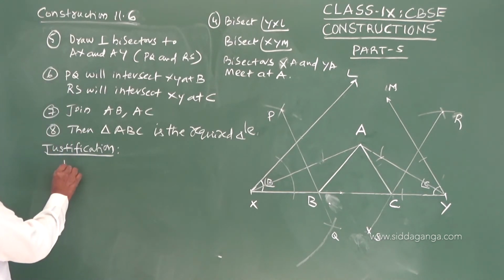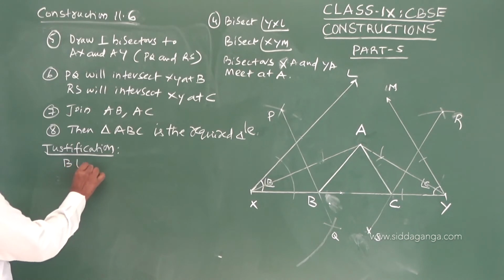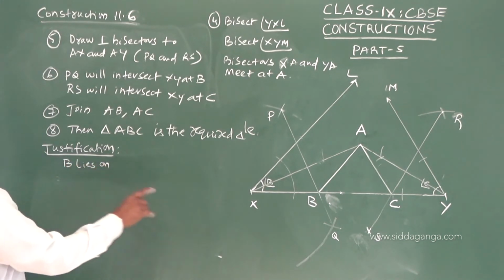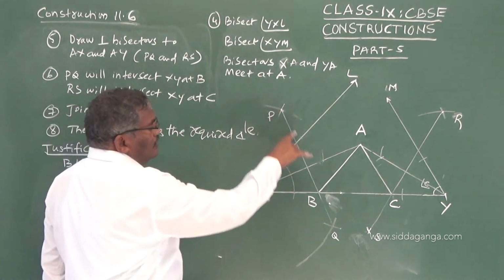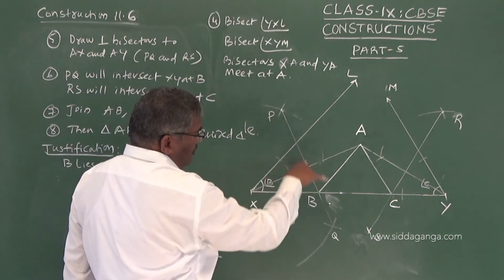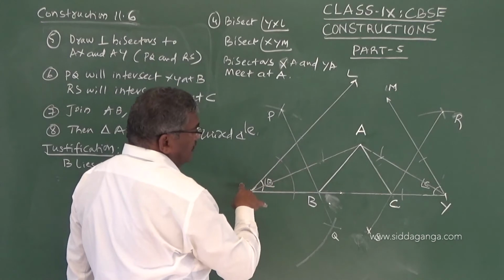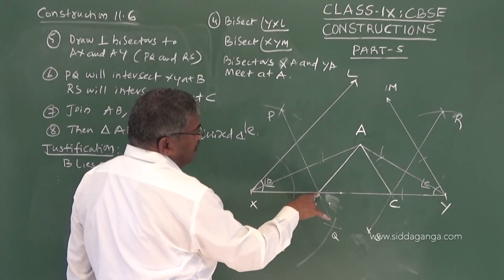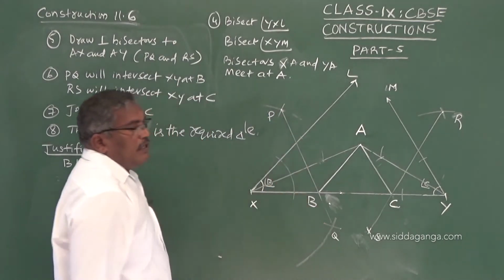Here B lies on, you can see here, this is the perpendicular bisector of AX. So point B is lying on the perpendicular bisector.